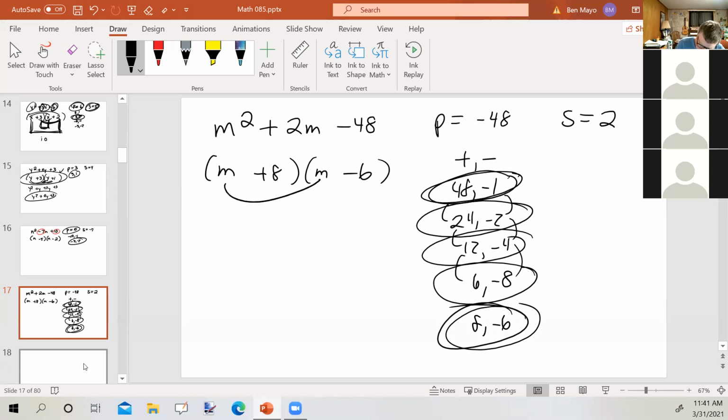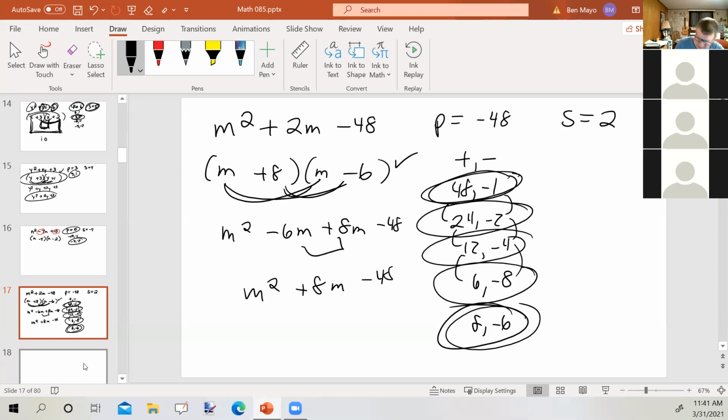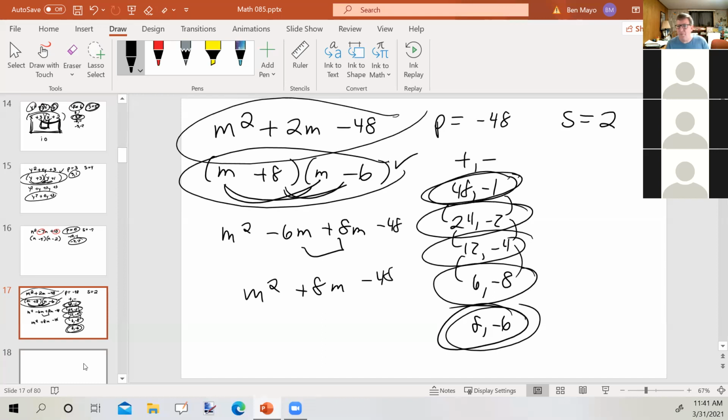That's going to give me m squared minus 6m plus 8m minus 48, combine like terms, m squared plus 2m minus 48. So it checks. So this would be the correct factoring of this trinomial. So we're taking a trinomial and factoring it into two binomial factors. Okay, again, any questions on this example before we go on?